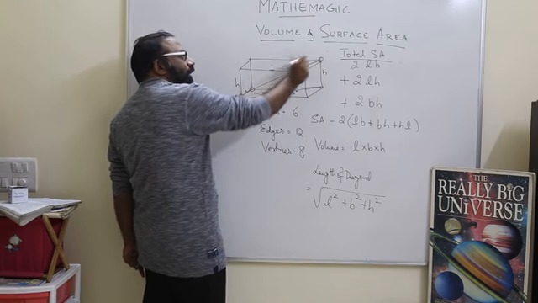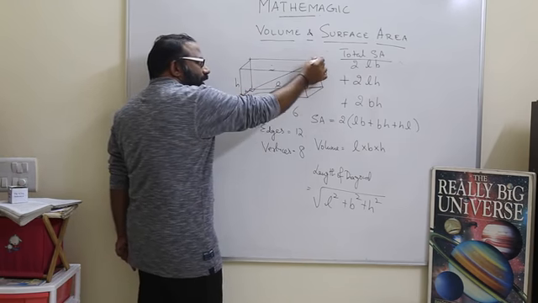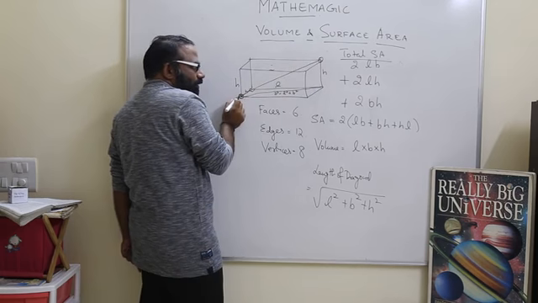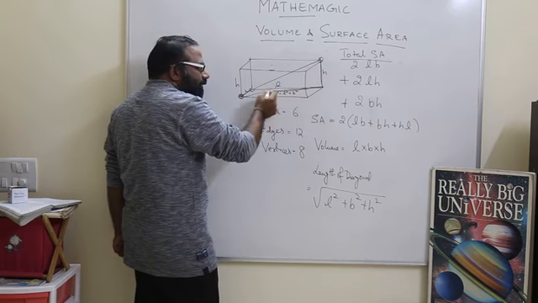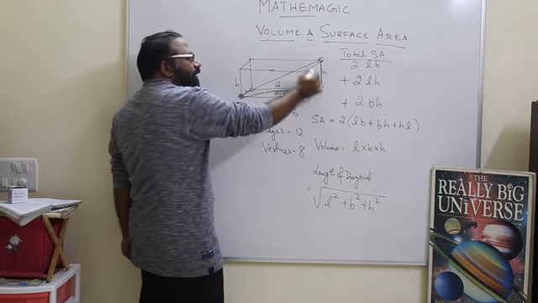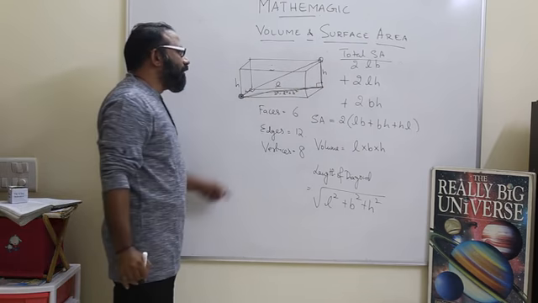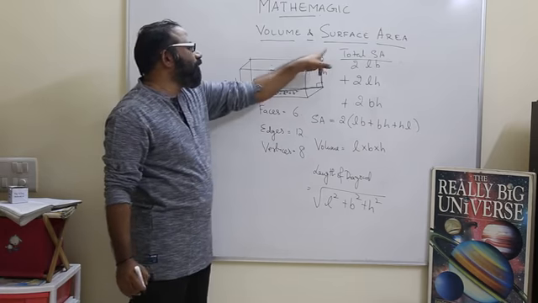If I draw another diagonal, a line connecting this point and this point, I know that one side is the height and the other side is the first diagonal that we drew. So this in turn is another right angle triangle. So h squared plus d squared will give you this diagonal.